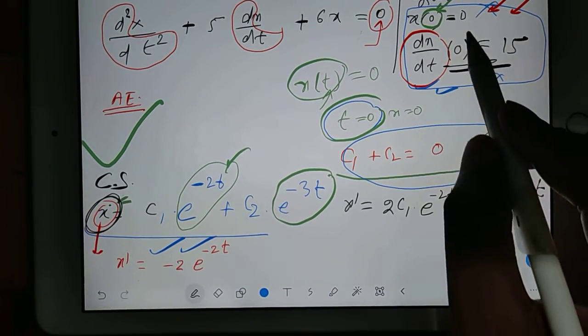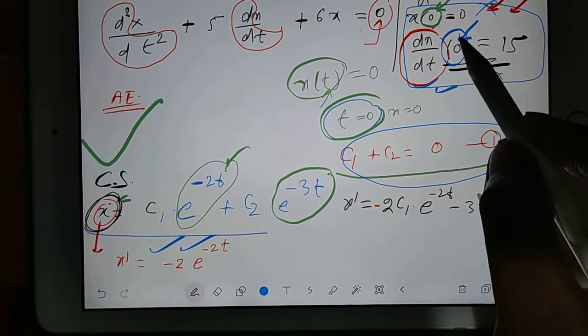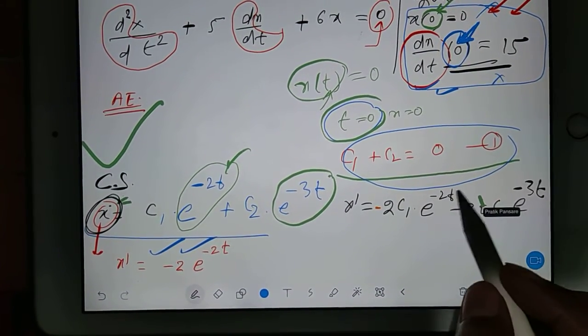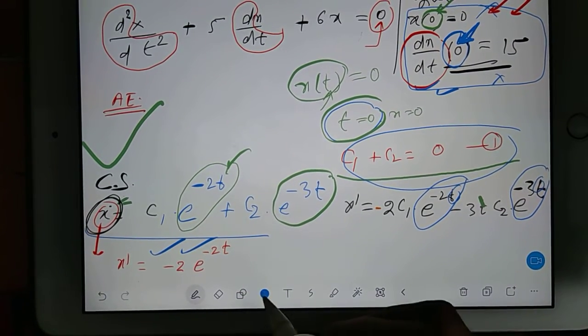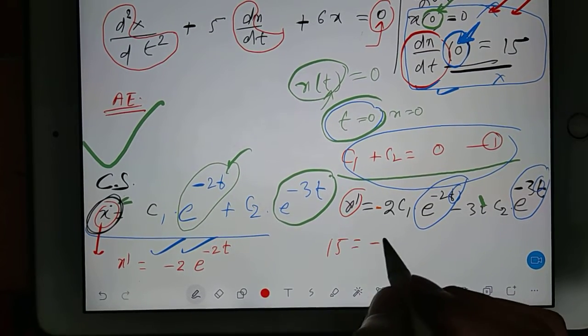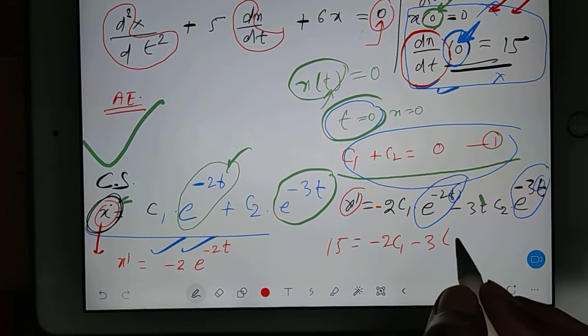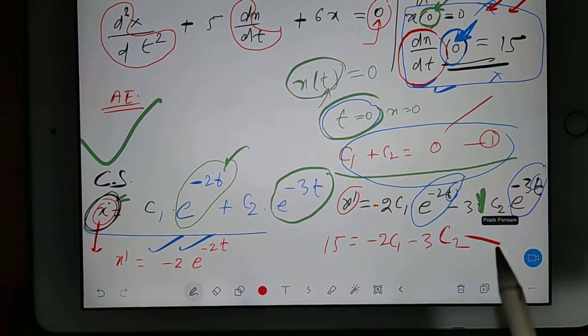After that, you see here, this limit is also given for t is equal to 0. Substitute 0 here, this will be 1. Substitute 0 here, this will be 1. So we are getting, and this is 15, so 15 is equal to minus 2C1 minus 3C2. So we got one equation here, one equation here.